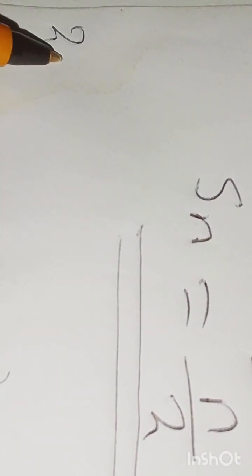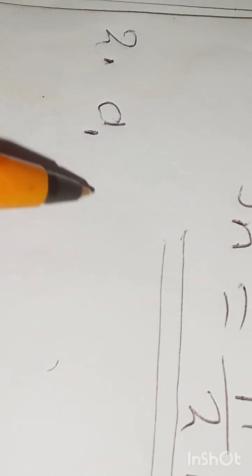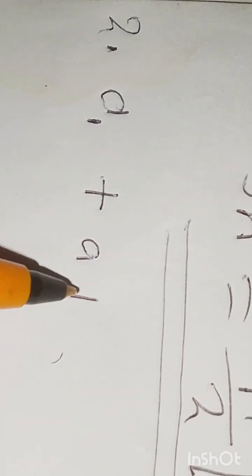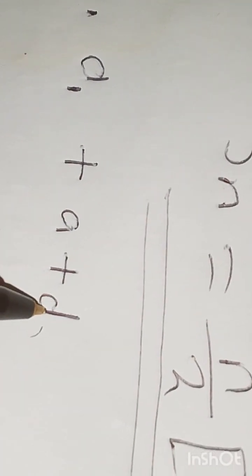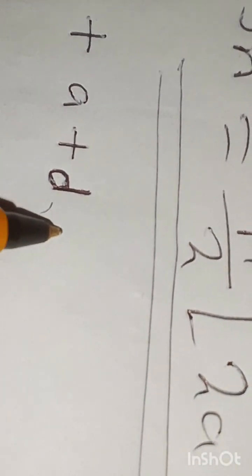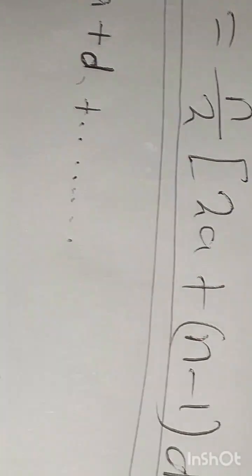So question 2. We know that the first term is given by a, then plus the second one is a plus d, then plus, and this can carry on. So let's go to the last part now.